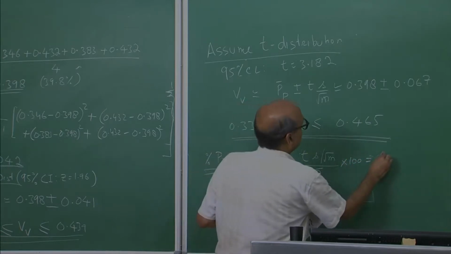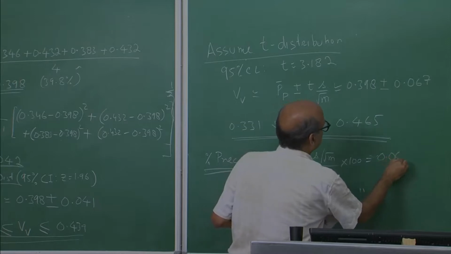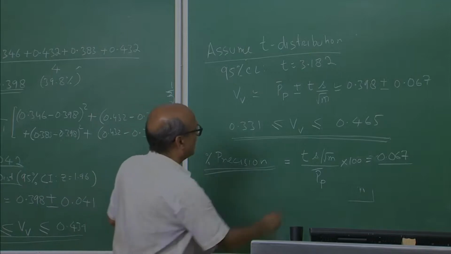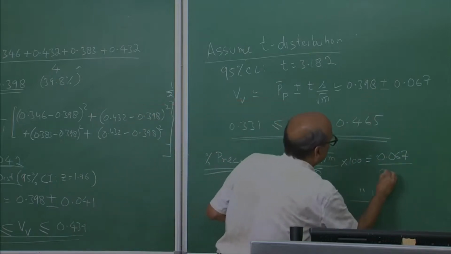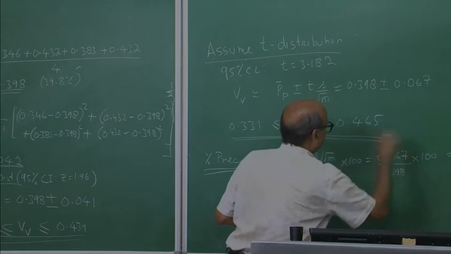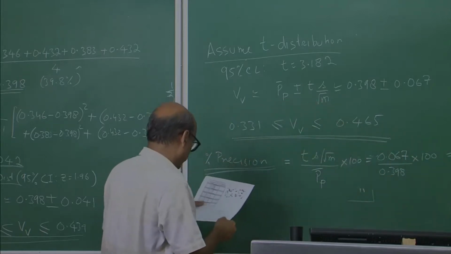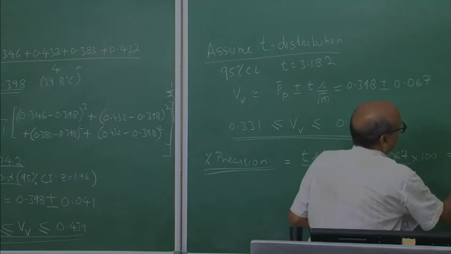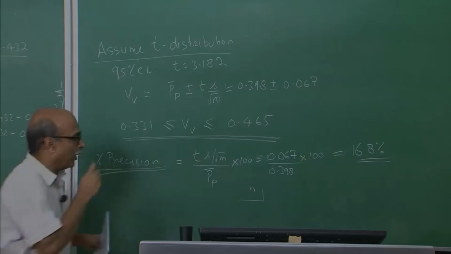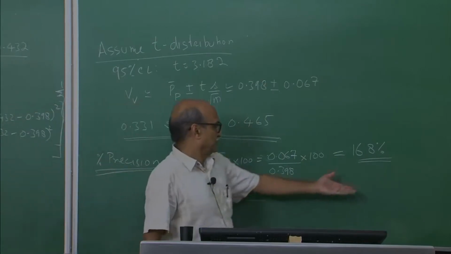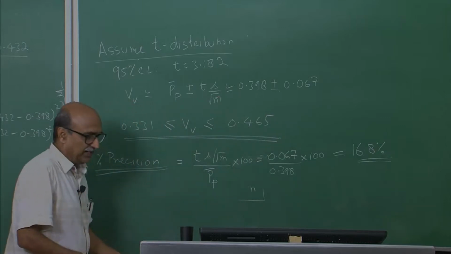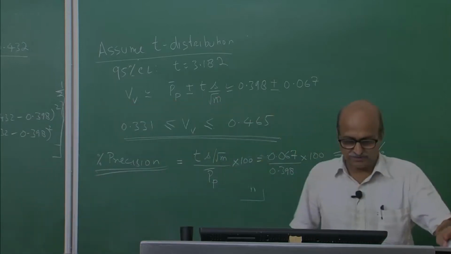So, this would give me 0.067 divided by the mean p bar, which is 0.398, multiplied by 100, and this would give me a precision of 16.8%.